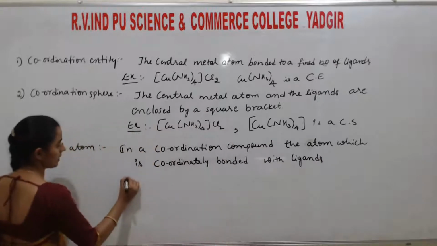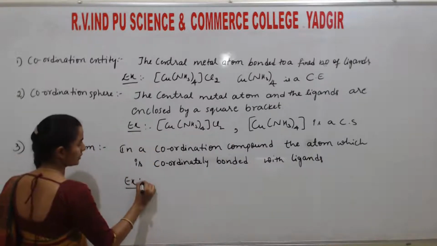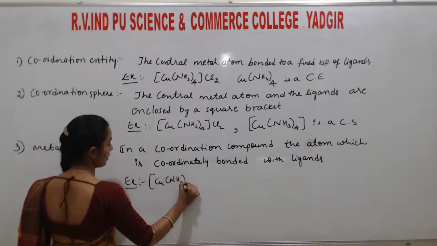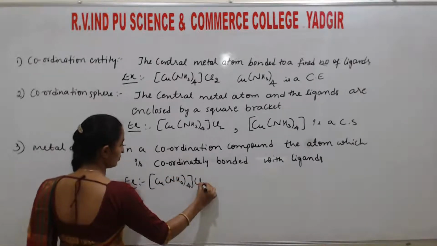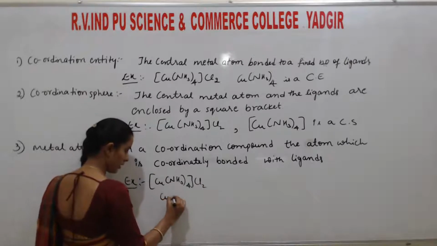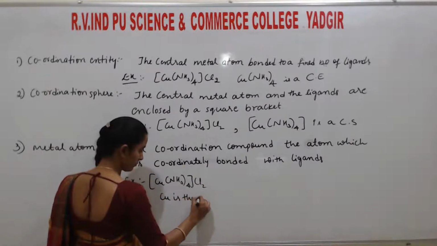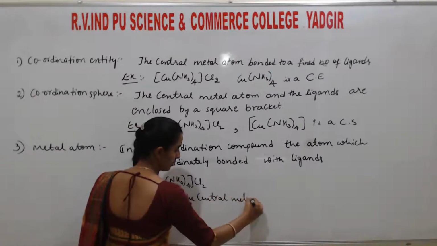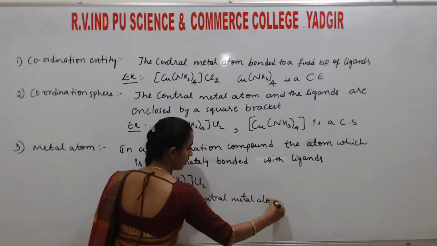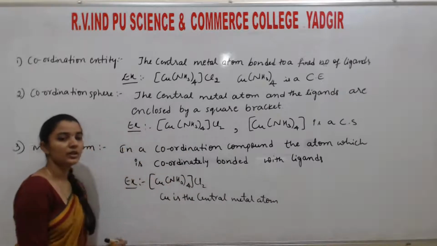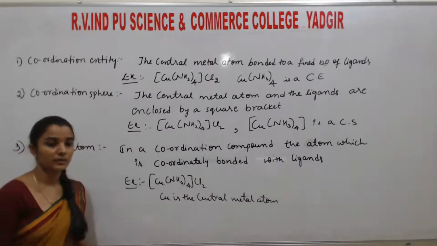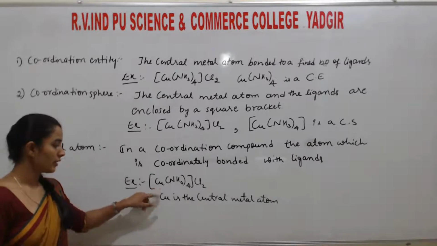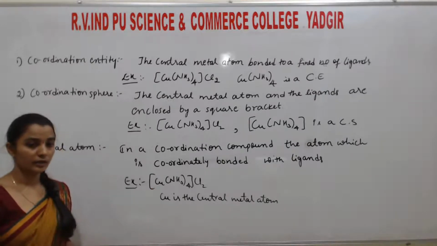So in the same example, take [Cu(NH3)4]Cl2. Cu is the central metal atom and NH3 is the ligand.